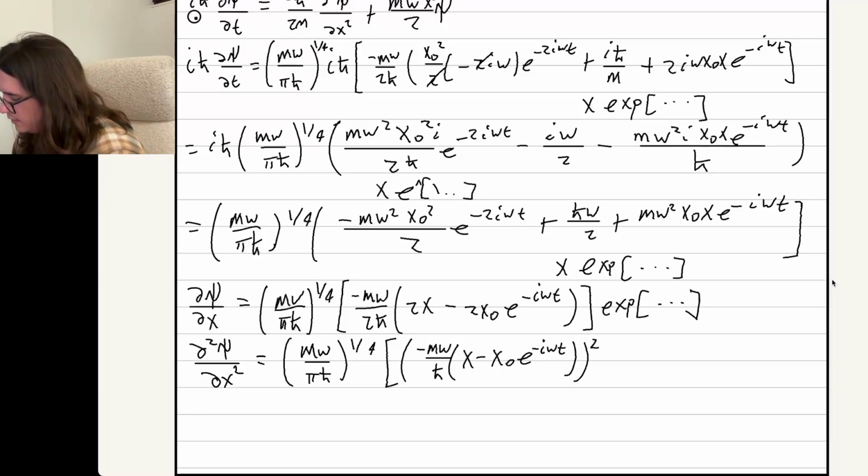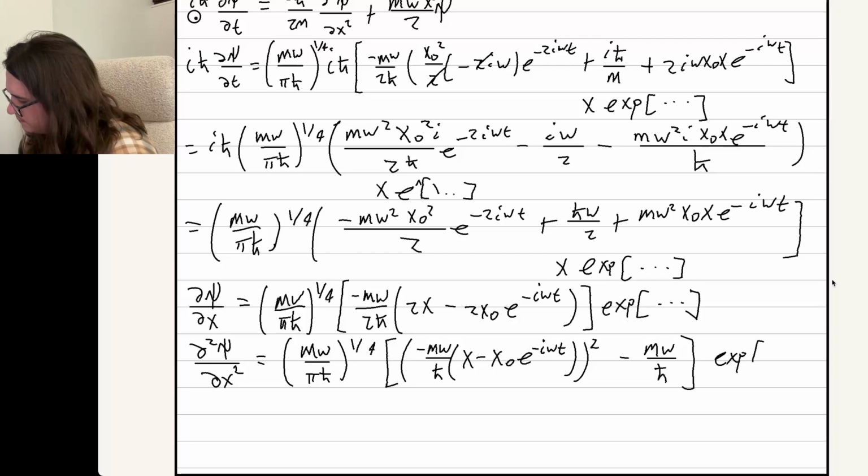And you square all of that, and there's also going to be a term which is just proportional to the derivative of this stuff here, so minus m omega over h bar, and then all times the big girthy exponent.